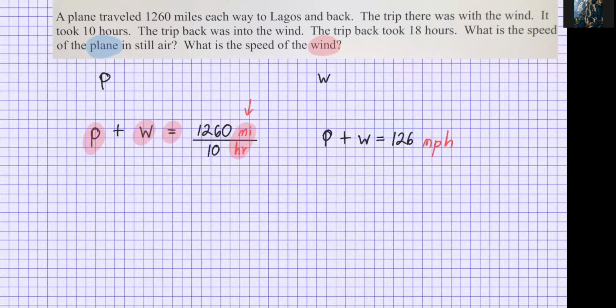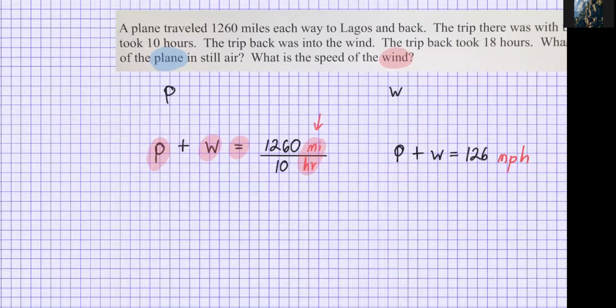Now, in the way back of the plane, going back to the city, it covered exactly the same distance. The distance will not change. What changed was the time. Because now the speed of the plane was going against the speed of the wind. So it covers again the same distance, but that distance took more time, in this case, 18 hours.